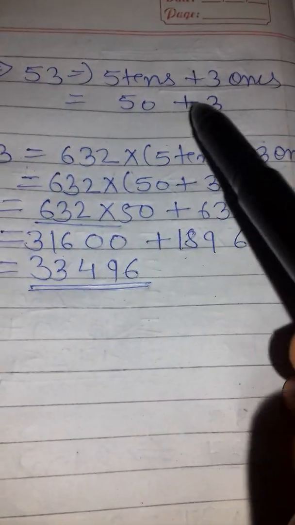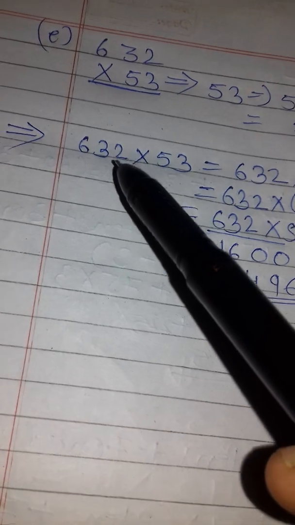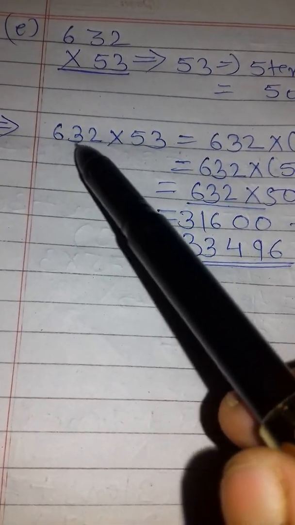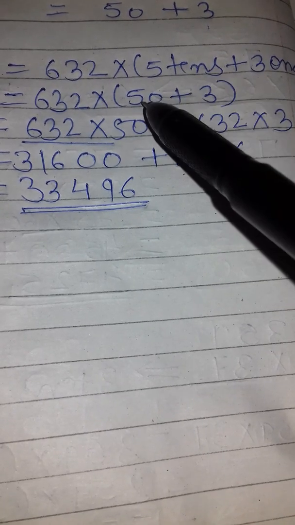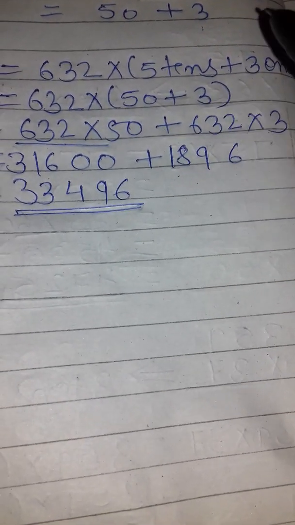See here, 53: 5 tens plus 3 ones is equal to 50 plus 3. So when we multiply 632 into 53, it means we are multiplying 632 by 5 tens plus 3 ones, that is 50 plus 3.